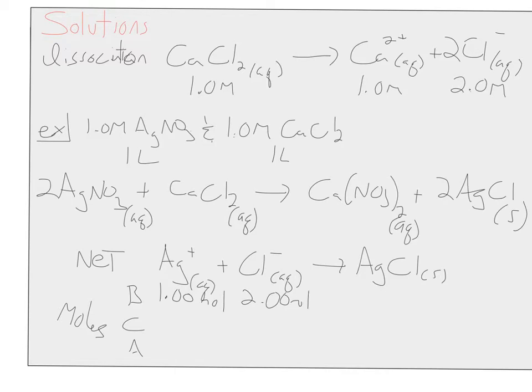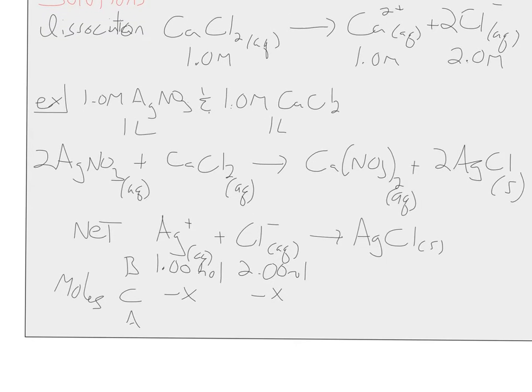And since they're in a 1-to-1 ratio, we can really easily see here that the silver is going to be my limiting reactant. And the chlorine is going to be excess. So the silver is going to be, there's nothing left. The chlorine is going to have 1 mole left.